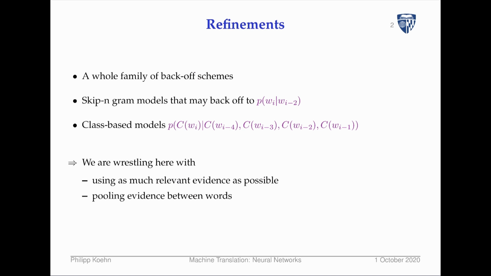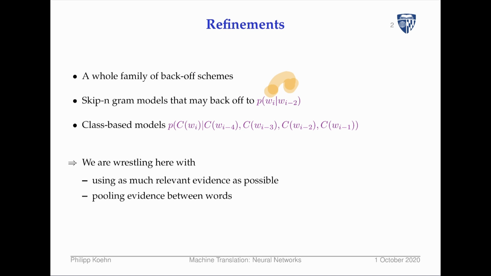So we went through various refinements. There's a whole family of backoff schemes: Good-Turing, Witten-Bell, Kneser-Ney, modified Kneser-Ney, interpolated Kneser-Ney. There are also ideas about, what if I haven't seen the bigram, but I've seen this word in the context of another word, but that was once removed. There's also the idea of class-based models, of having models over part-of-speech tag sequences.